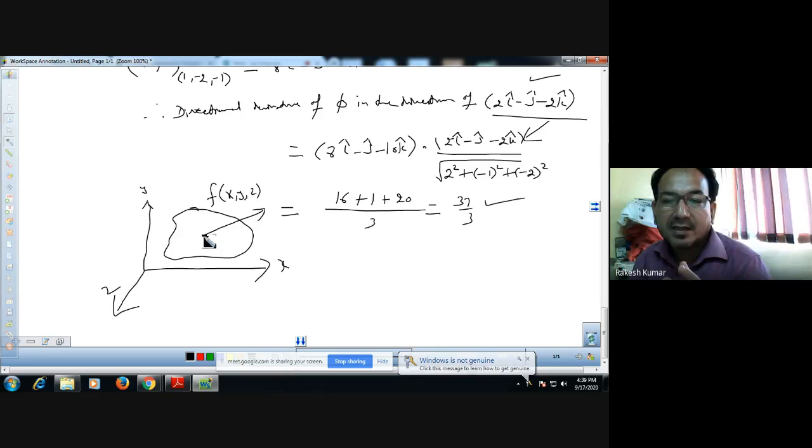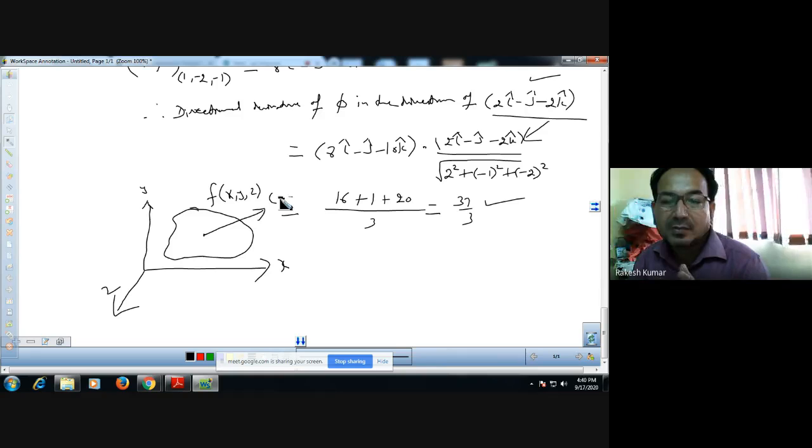I am just drawing this. So directional derivative in this direction. Obviously its vector will depend on the position. So if we are in the positive direction of the x-axis, we must have x positive.